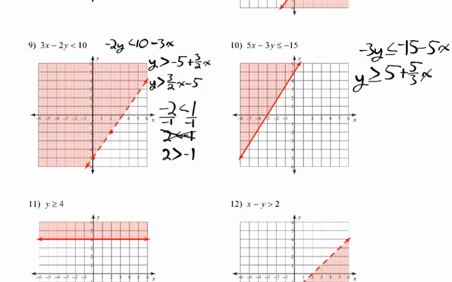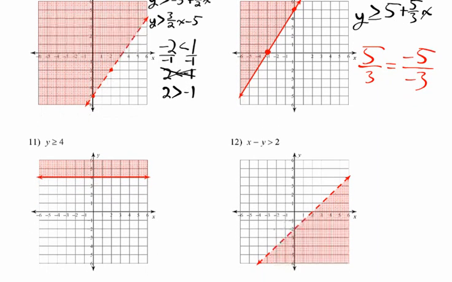So we have a y-intercept of 5 and a slope of 5/3. So I'm going to go down 5, back 3. Still keeping in mind when you divide two negatives, it's the same as positive because 5/3 is the same as -5 over -3. And now we're talking about greater than, so we're shading on the top half.